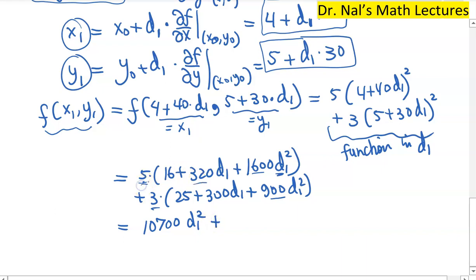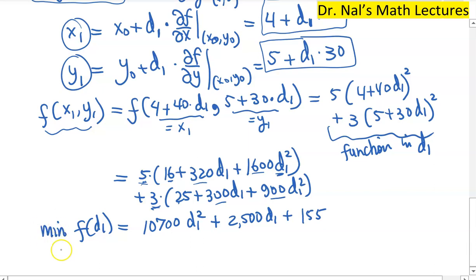The next product will be 1600 d1 plus 900 d1, that's 2500 d1 plus, and finally the constants would be 5 times 16 is 80, 3 times 25 is 75, 80 plus 75 is 155.